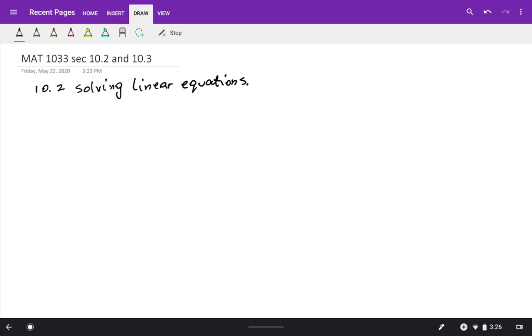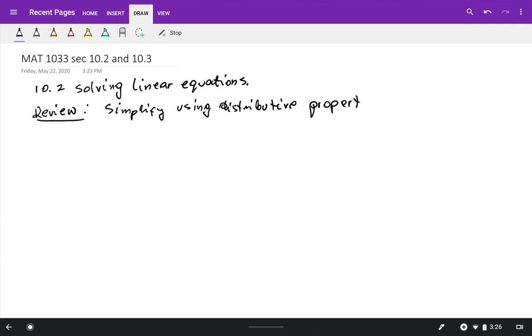So before we do that, I want to review how to simplify using the distributive property. Okay, so distributive property, let's talk about it.